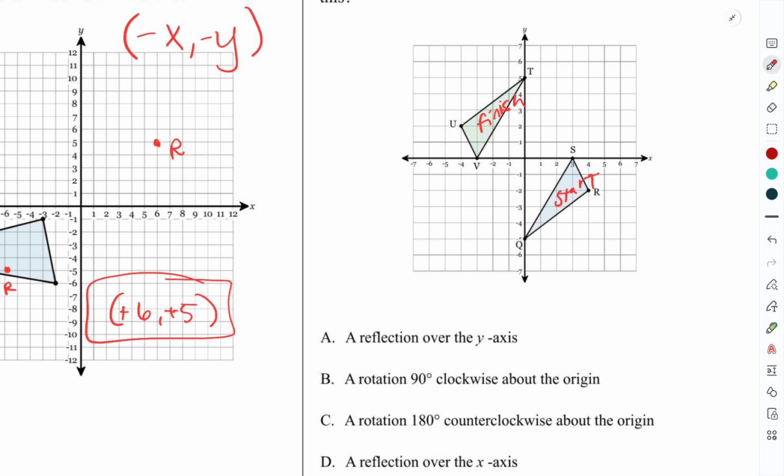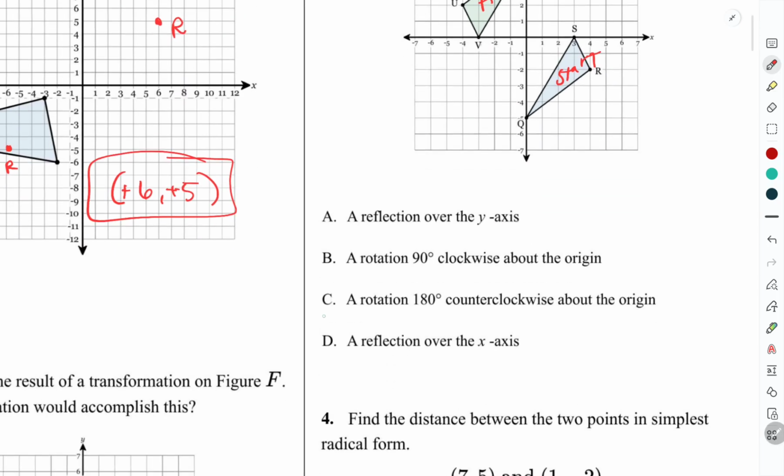And it hasn't just been shifted. It's not like the same triangle is just somewhere else. It has definitely been spun. So, rotation, and it's spun 2 quadrants. 1 quadrant, 2 quadrants. So I'm thinking 180 degrees.